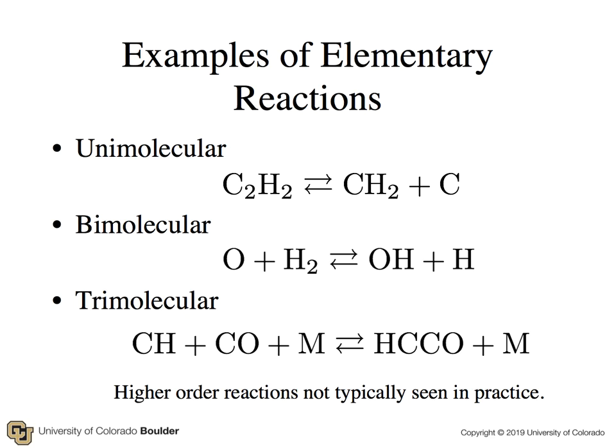You might notice that in the trimolecular reaction, the reaction that goes from right to left, M colliding with HCCO, is a unimolecular reaction. And that is often the case, that one direction of a reaction is unimolecular and the other direction would be trimolecular. And so those are the typical kinds of reactions that you see.